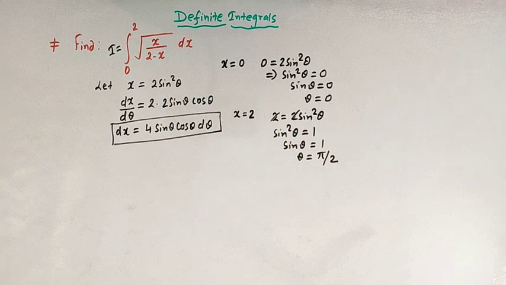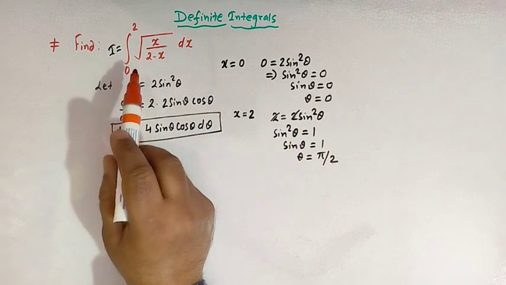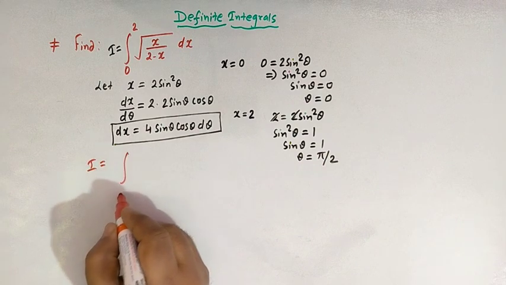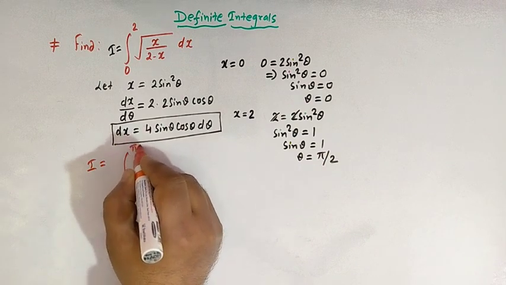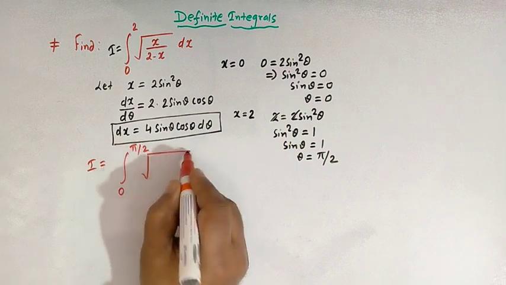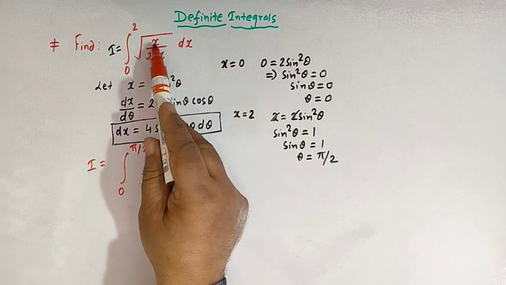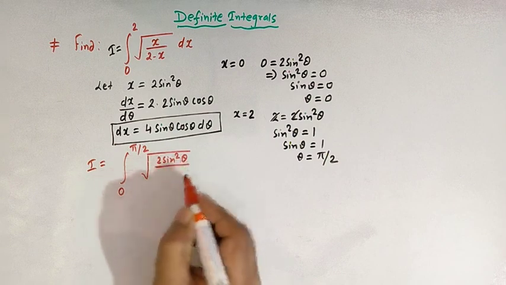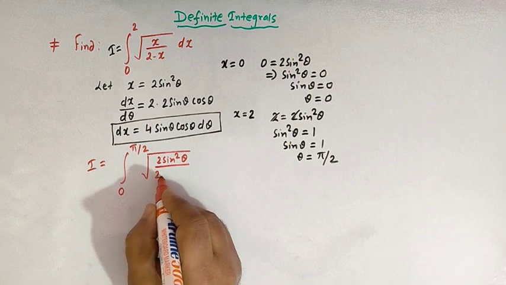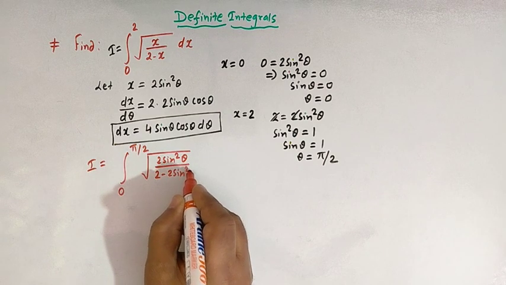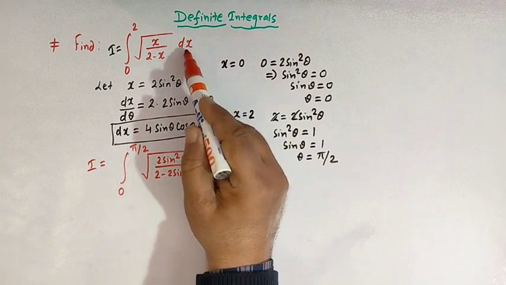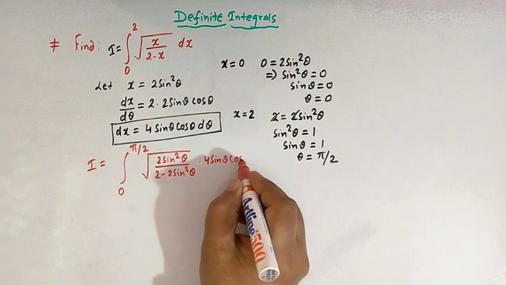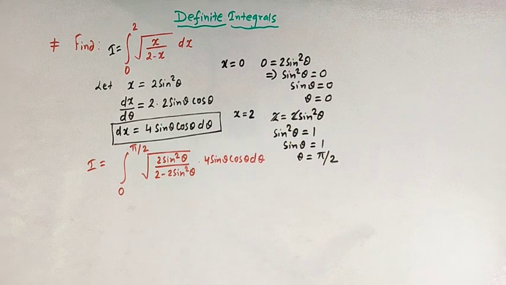Now we can rewrite this integral in terms of theta. The limits are from 0 to pi by 2, and we have square root of x, where x is 2 sine square theta, and in the denominator we have 2 minus 2 sine square theta, and for dx we can write 4 sine theta cos theta d theta.